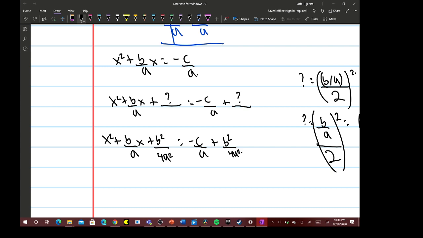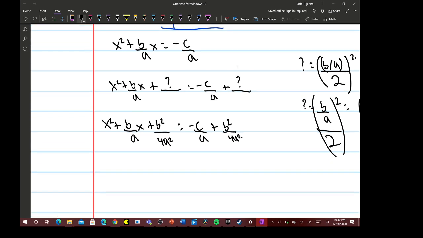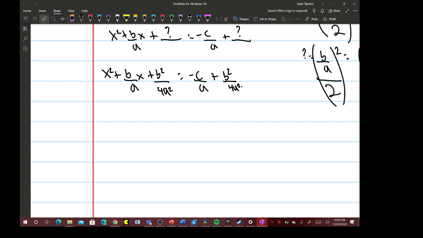So I know that I have not taught you guys how to actually add rational functions yet, but I'm going to go ahead and do that myself. The way that you would do it is you just have to get the same denominator. It's just like adding fractions.